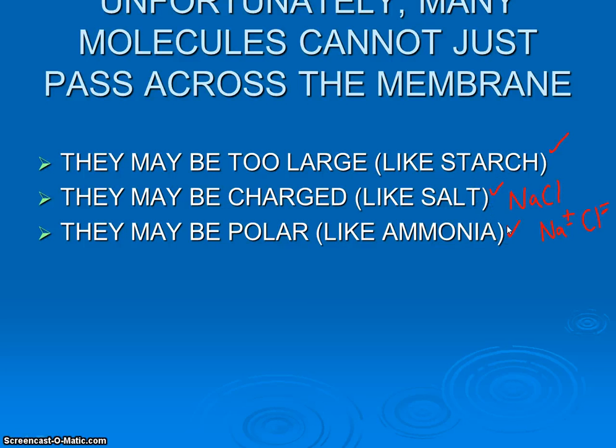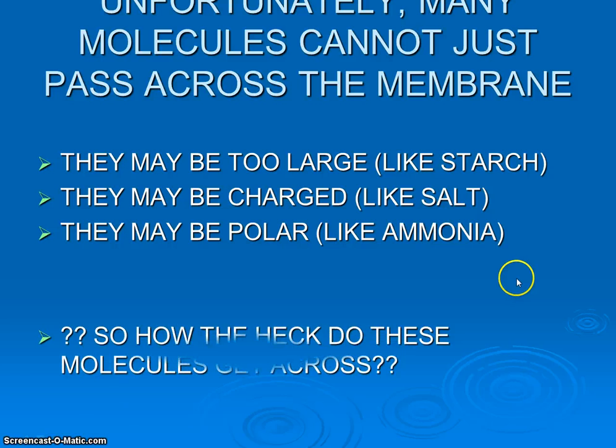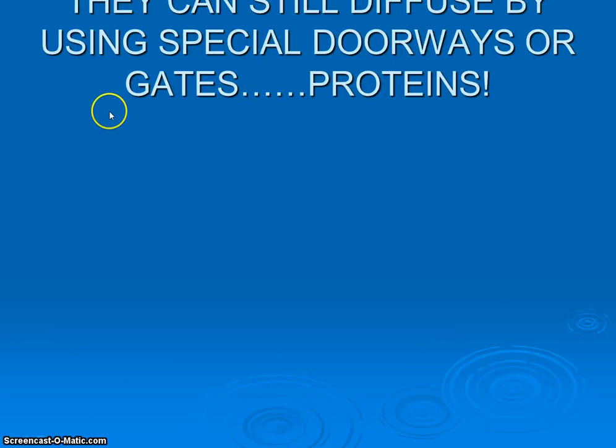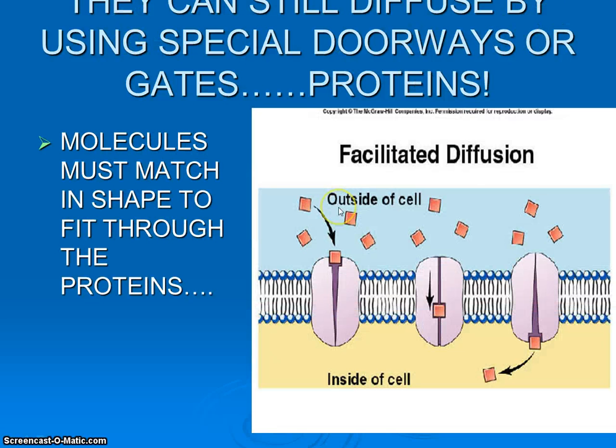However, something like even a small sugar like glucose, we know our cells need glucose. They must have glucose primarily, as we learned earlier in the year, to turn into energy. So how's the glucose going to get across that cell membrane? That appears to present a problem, but it is actually very easily solved. Remember, in addition to the lipid bilayer of the cell membrane, we have these special doorways, proteins.